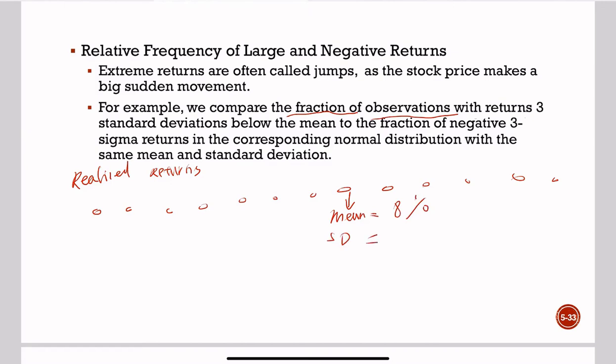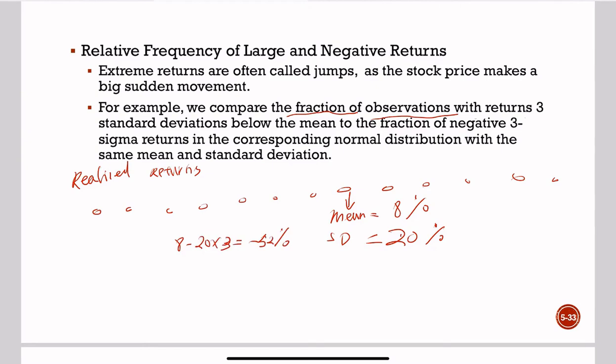And you find out your standard deviation is, let's say, 20%. So what is the return which is 3 standard deviations below the mean? Well, the return should be 8 minus 20 times 3, which is minus 42%, right?